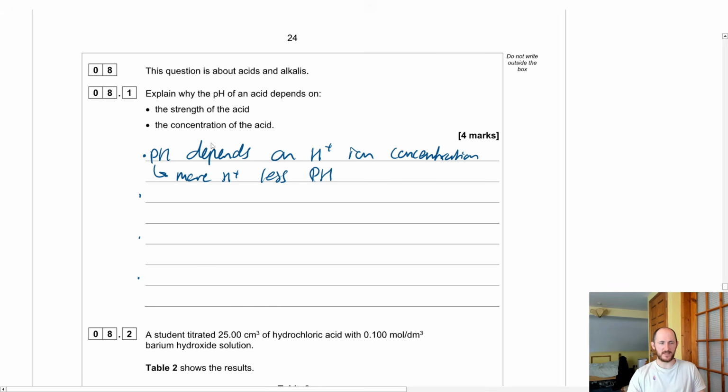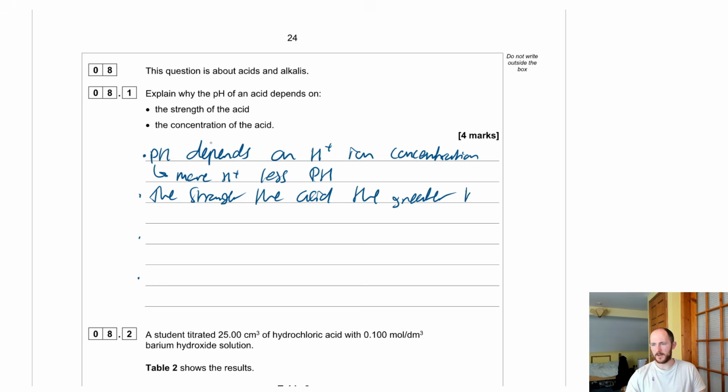Now we can go here. The strength of the acid: the stronger the acid, the greater the ionization. So that means it's producing more H plus ions, hence lower pH. Because essentially it's ripping off H plus ions more frequently or in a greater quantity. Let's move this bullet point down just so we can have a little bit of separation here.